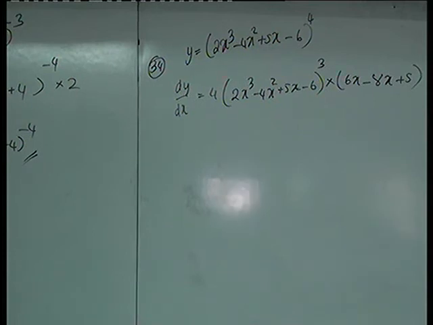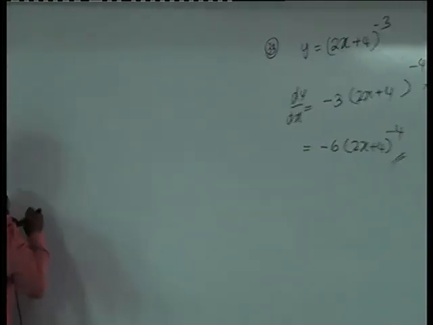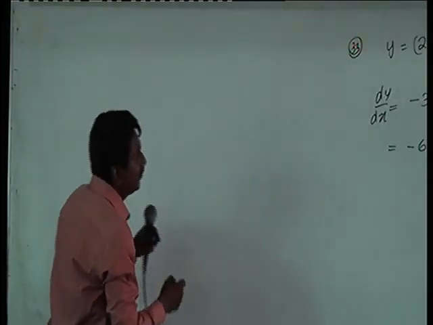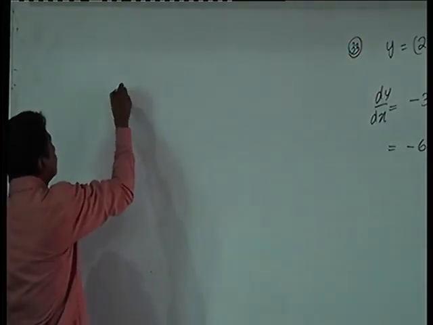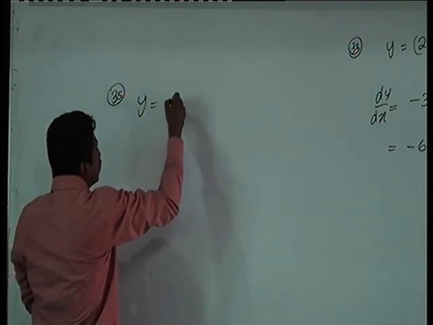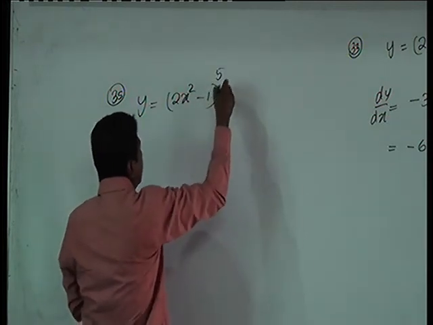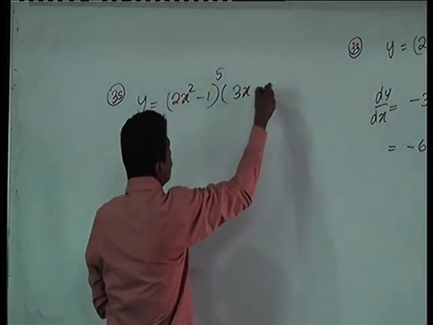Now the multiplication questions, we can apply this. This is not an isolated question. If I give you something like this, say question number 35: y is equal to 2x squared minus 1 to the power 5 times 3x minus 4.